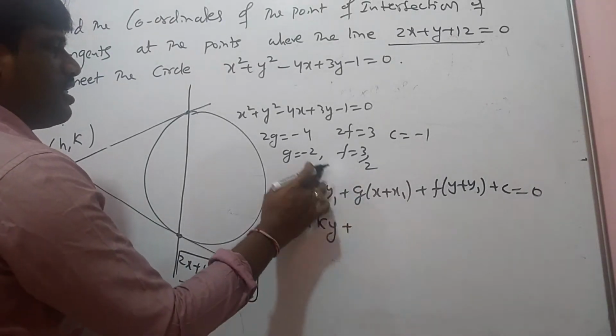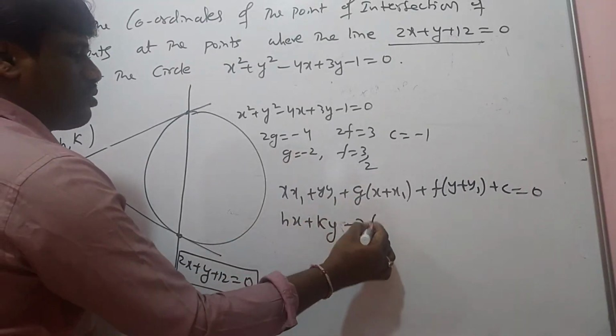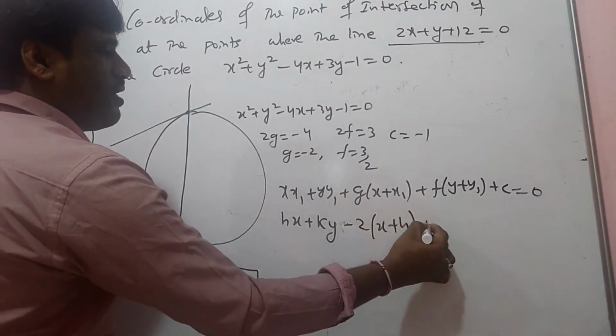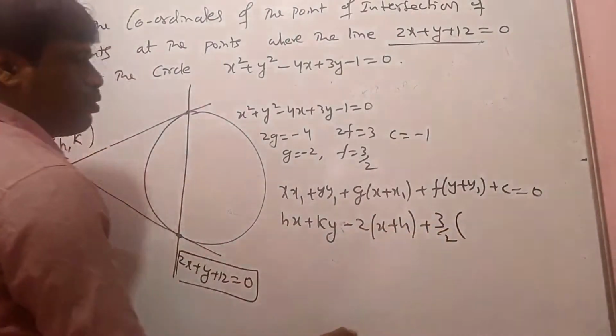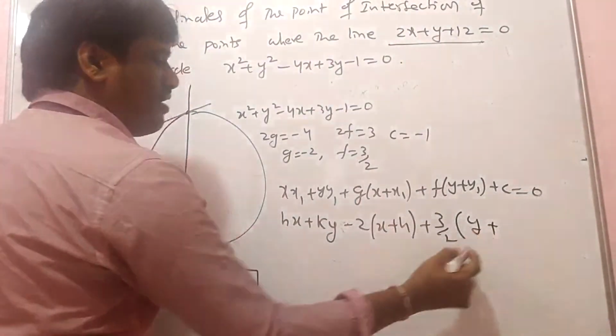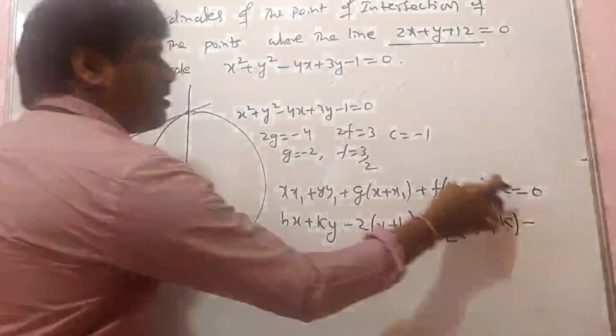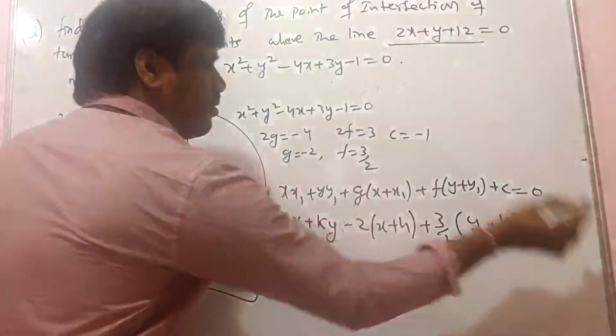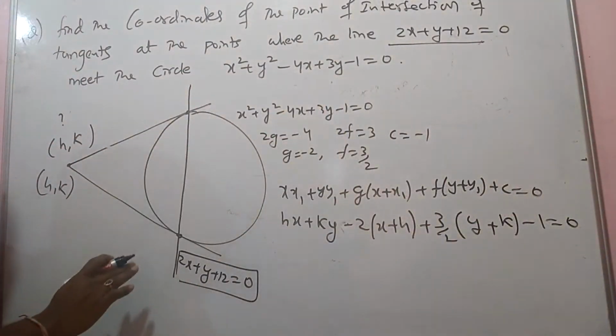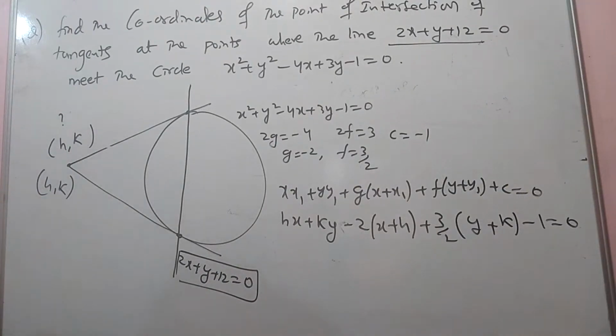Ky plus g value I substituted, minus 2 into x plus h, plus f value 3 by 2 into y plus y1. Y1 is how much here? K. So k minus 1 is equal to 0. And we have to simplify this. After simplifying, you get h and k equations.